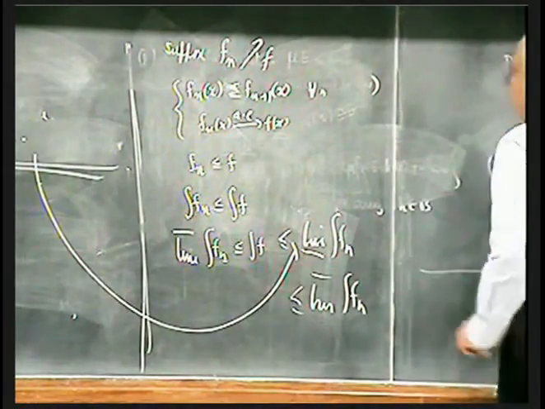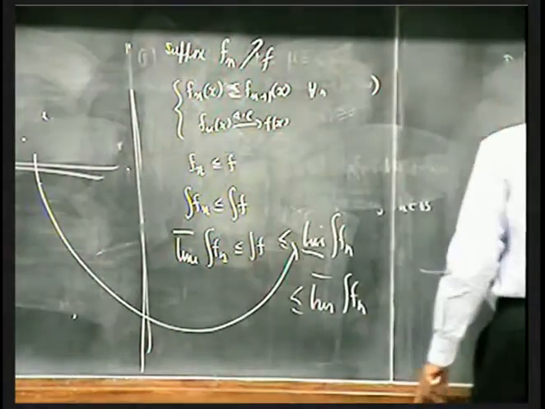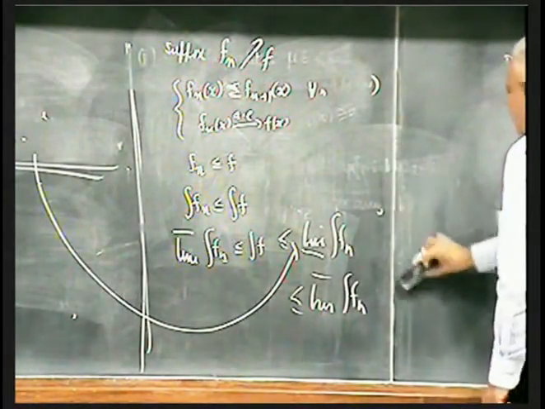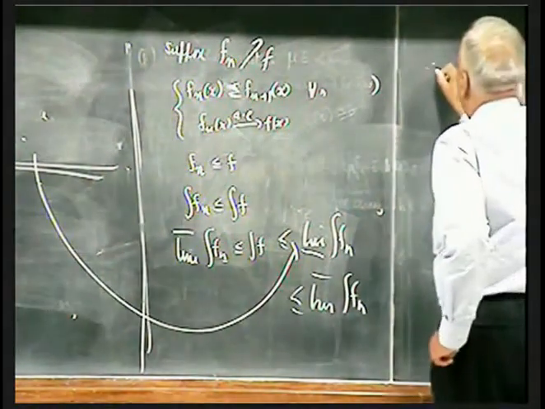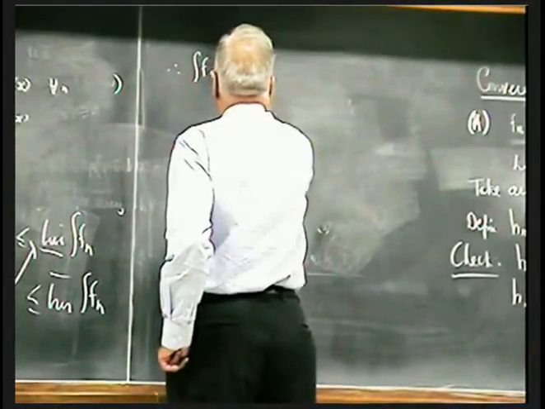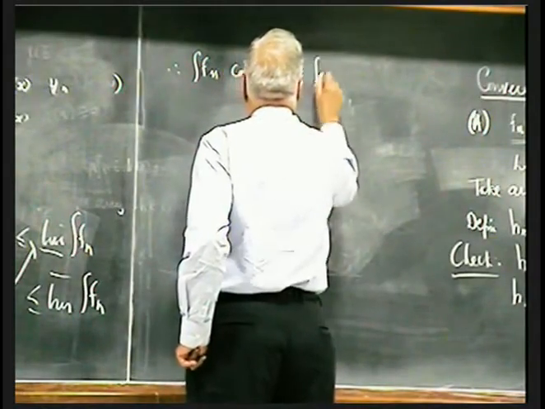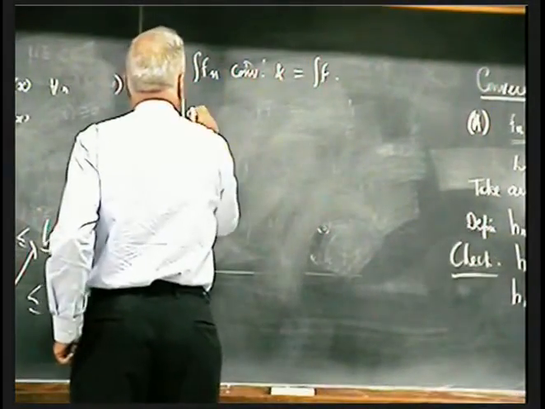So we can conclude that the integral exists. Therefore the integral of Fn converges and is equal to the integral of F. That is called the monotone convergence theorem.